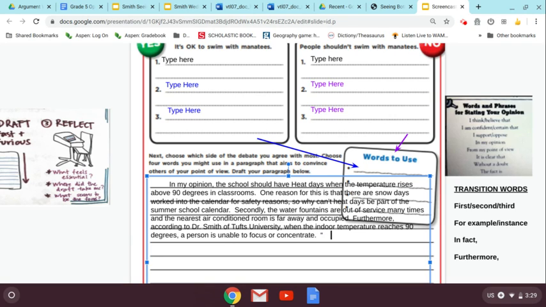And maybe something he says. He says something. Dr. Smith stated. All right, and on and on.